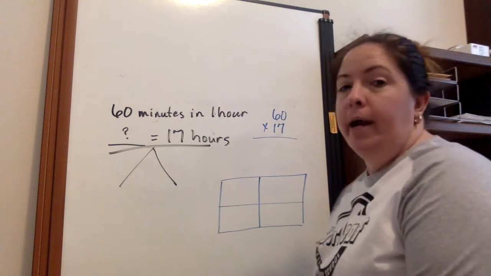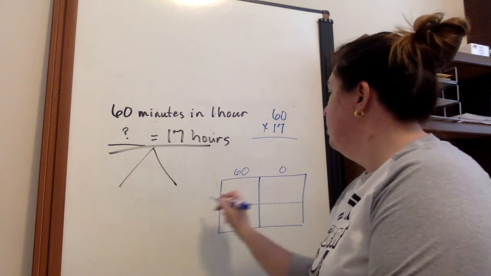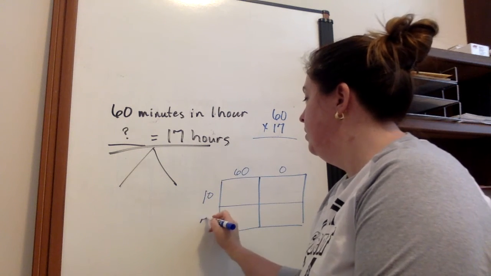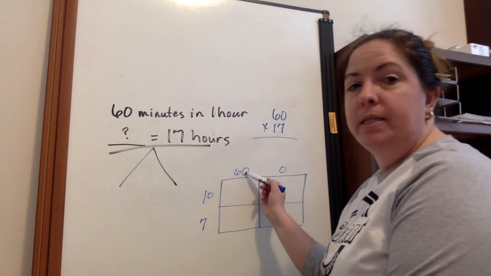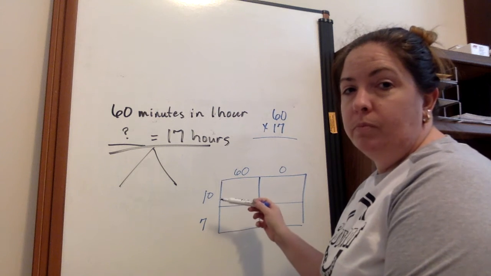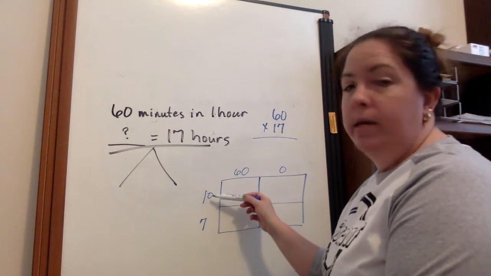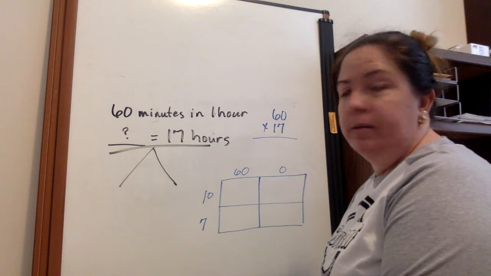I'm going to show you our area model. Right? We have 6 tens is 60 and 0 ones. And we have 1 ten in 17 and 7 ones.